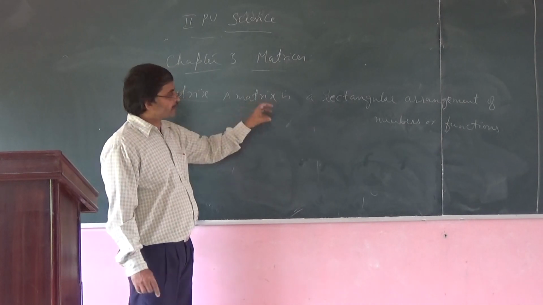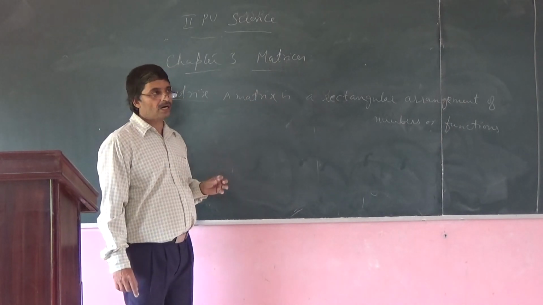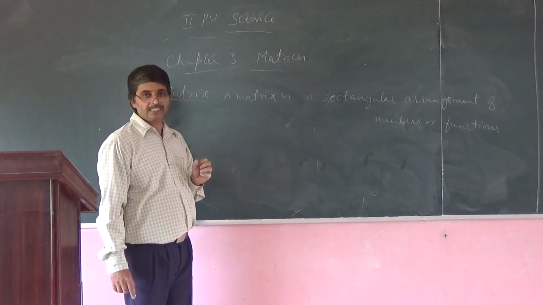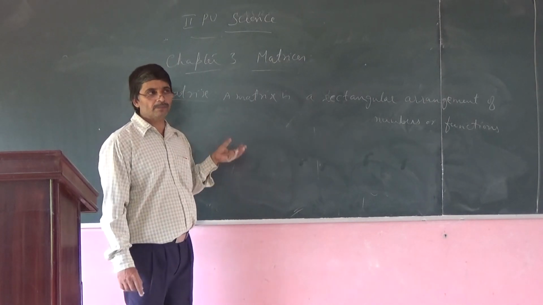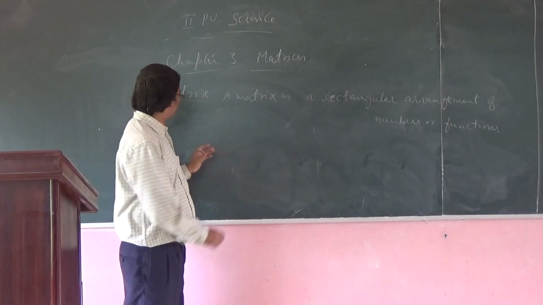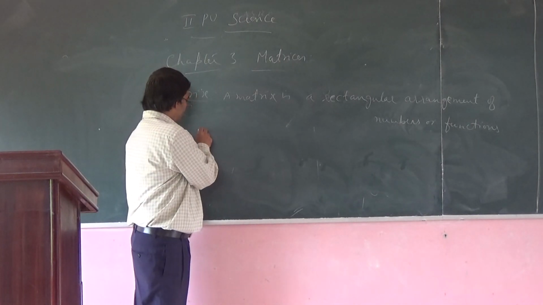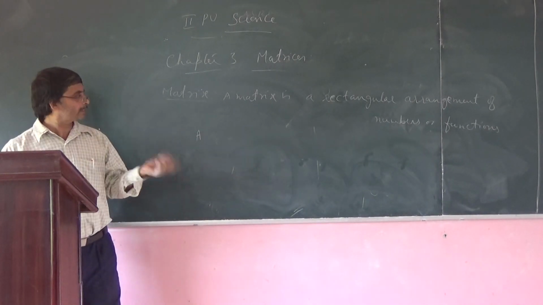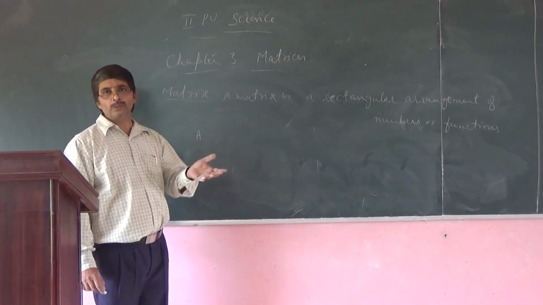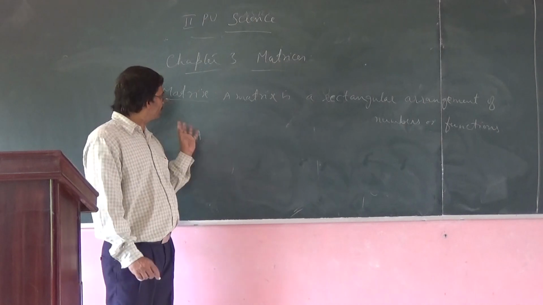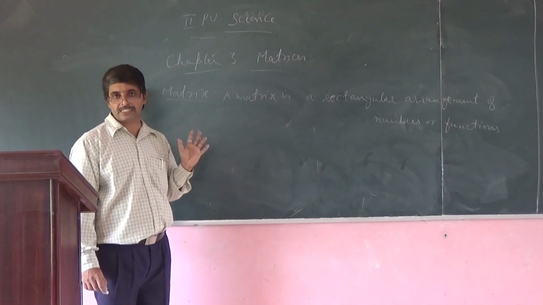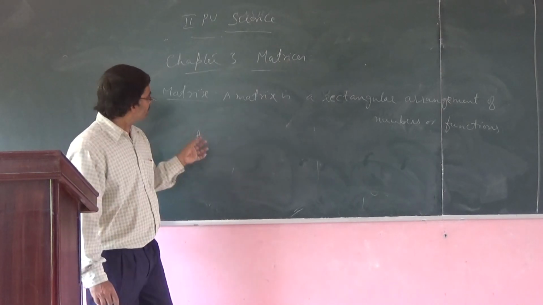So how to represent a matrix? First I will generalize, then I will give suitable examples. A matrix is represented using capital letters. You can write any capital letter A to Z. And what about the elements?